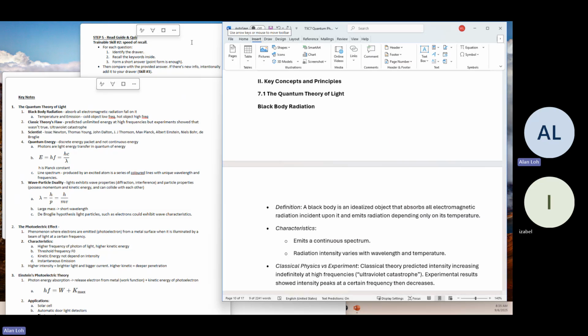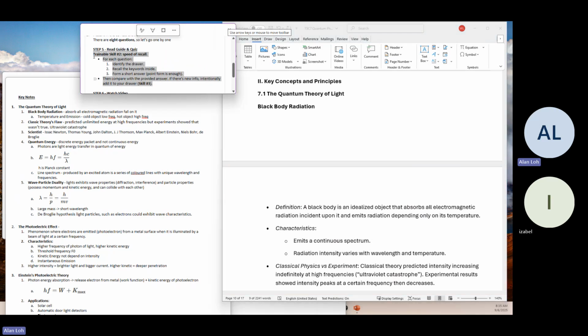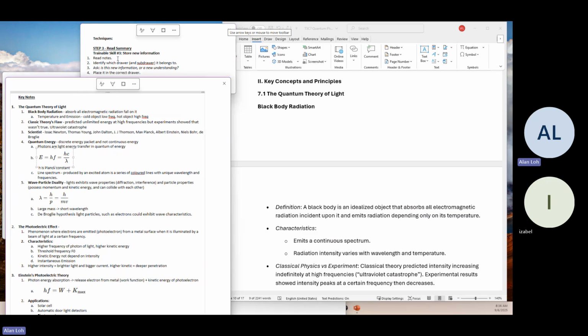Part 1 is the same. Okay, this is for reading the quiz, don't worry about this first. Part 1 is reading the guide. It's the same technique as previously. You read the notes, you identify which drawer, you ask if there's new understanding, and place it to the right drawer. Something similar to step 3. Are we ready?